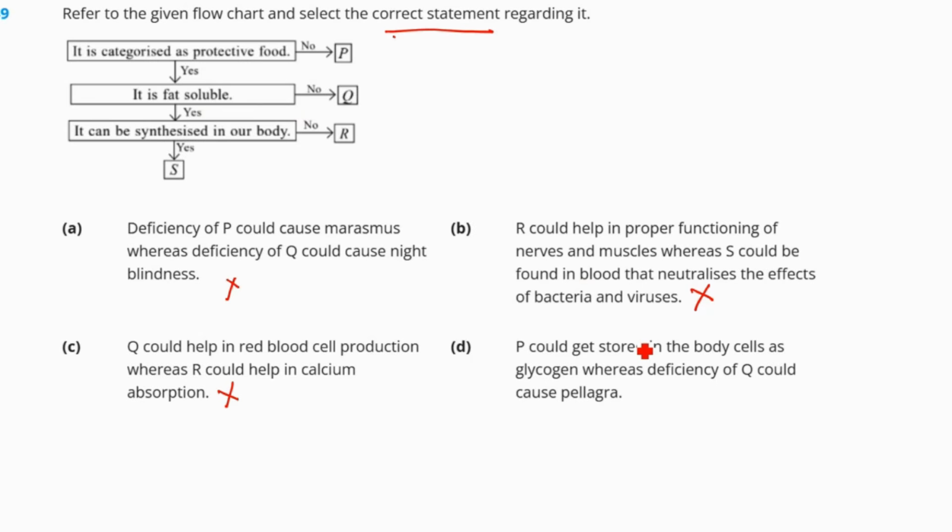So we can understand from here that Q is a protective food and is a fat soluble food. So we can understand that Q is a vitamin. And pellagra is caused by the deficiency of vitamin niacin. Right. So here we can understand that option D is the correct answer.